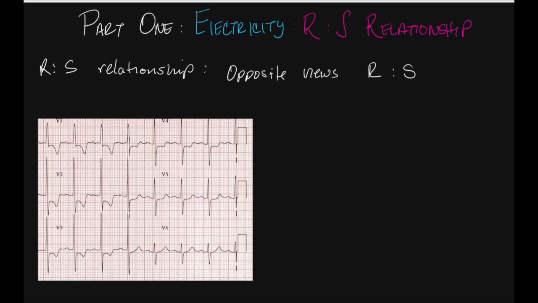So in this example that we saw, we know that typically V1 is little r and deep S, right? And we know the typical V6 is little q, big R, forgive that QT prolongation, but we know that it typically has no S wave.